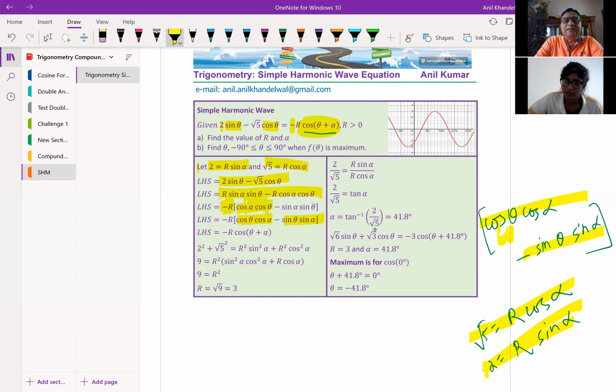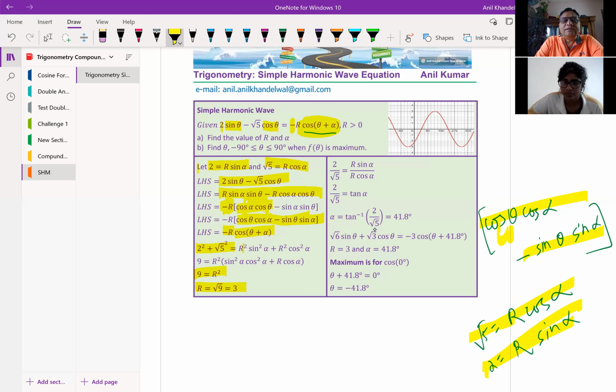And clearly, the inside term is cos theta plus alpha, right? Outside is minus r. And what is r equal to? Square root of 2 squared plus root 5 squared, which gives 9, and the square root of that is 3. Correct.